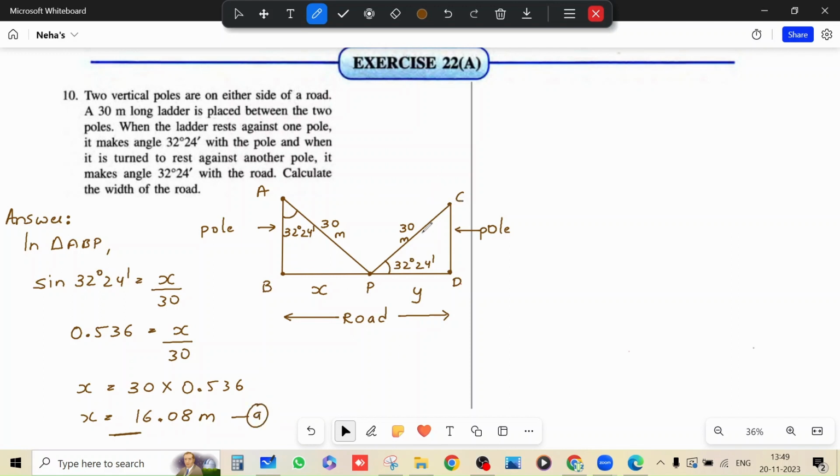Now we will consider triangle CPD. In this triangle, y upon 30 is equal to cos 32 degree 24 minute.